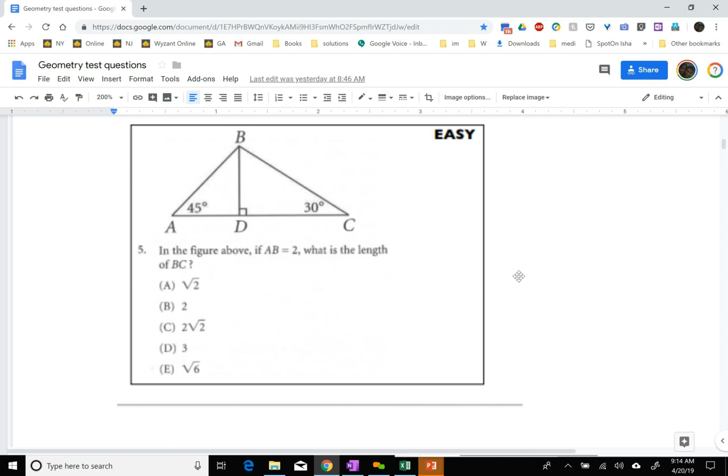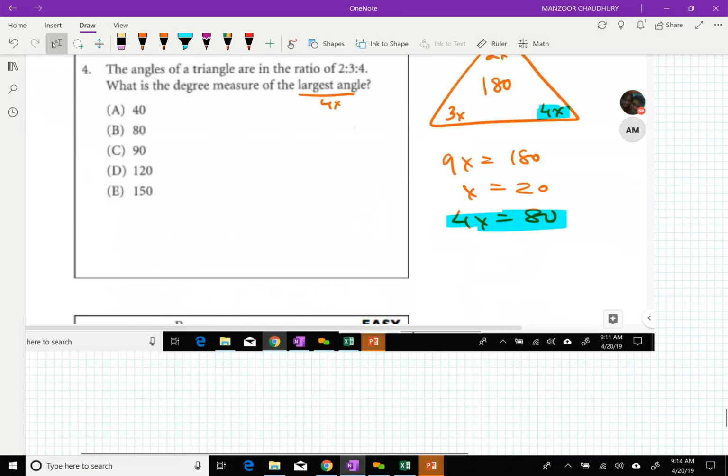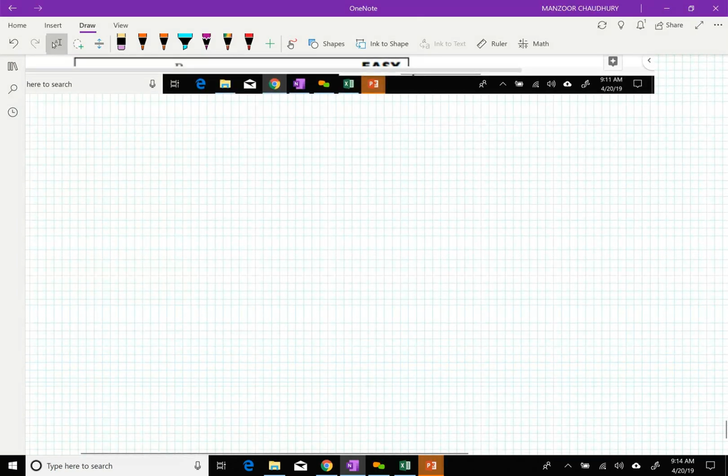These are two different special triangles in there, right? Yeah. So I got BD is 2 over square root 2, right?